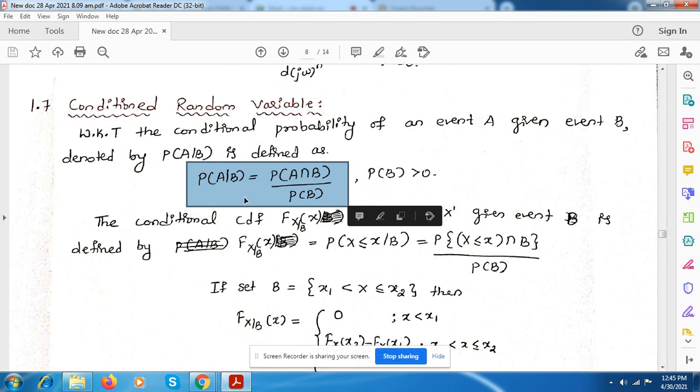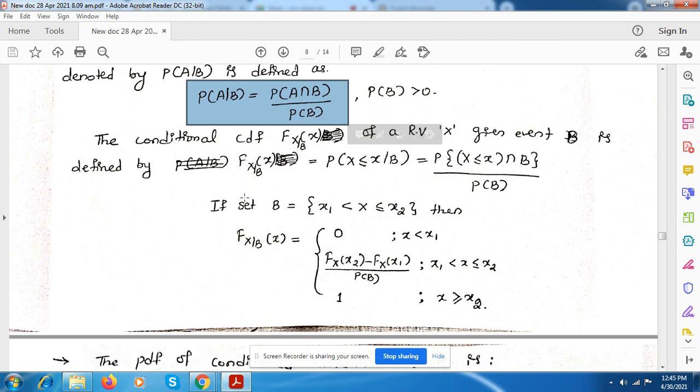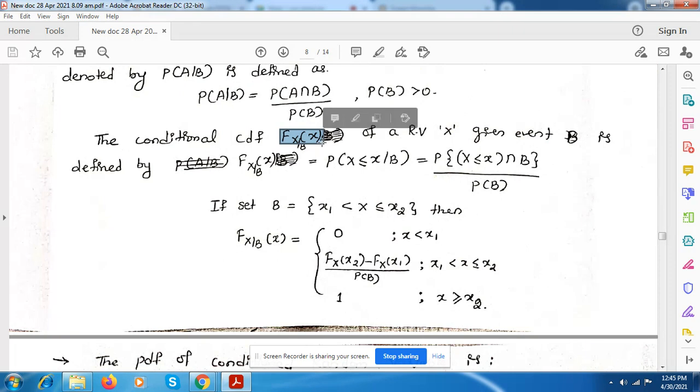So, we will see the conditioned CDF next. Generally the CDF we denote as Fx of x. Here we denote Fx of x as the general CDF, but as it is conditional CDF we will denote Fx of x with the condition B included.